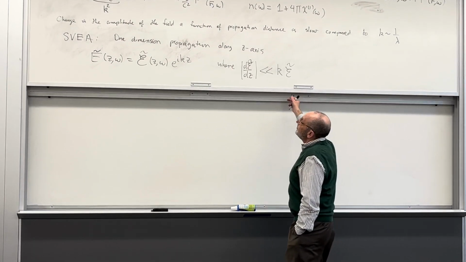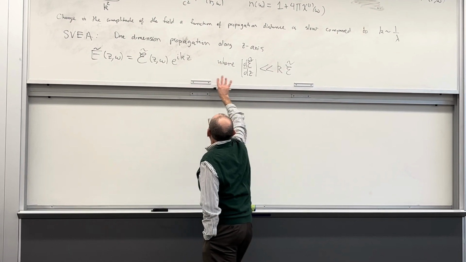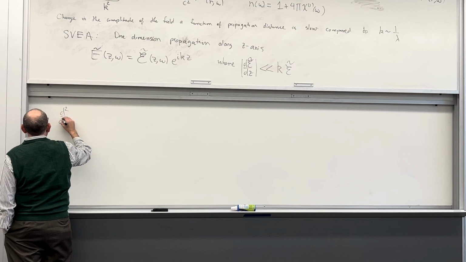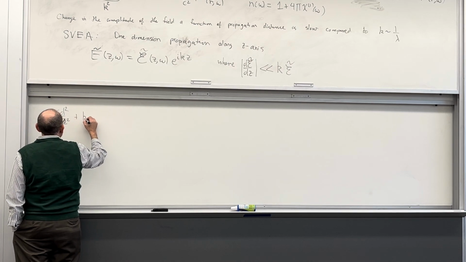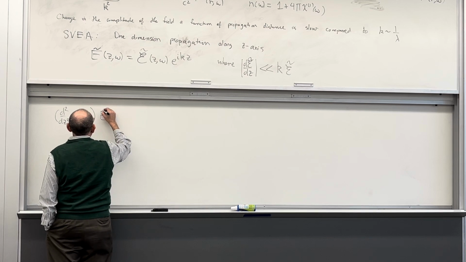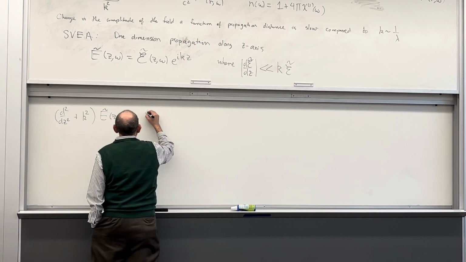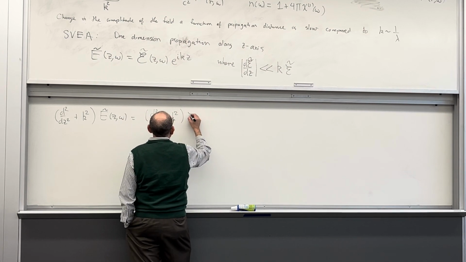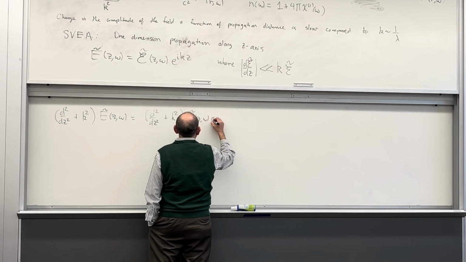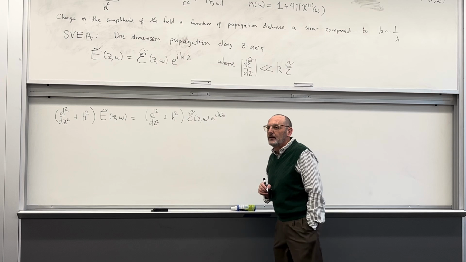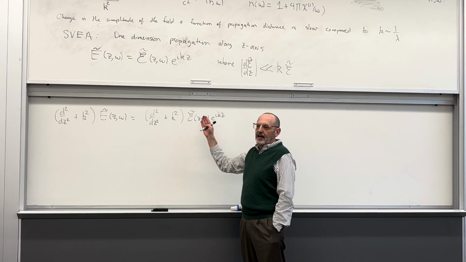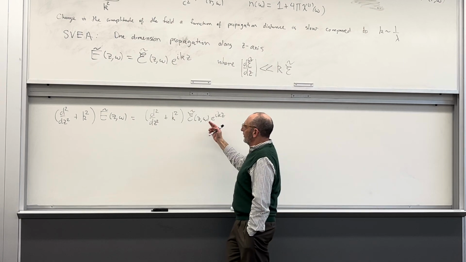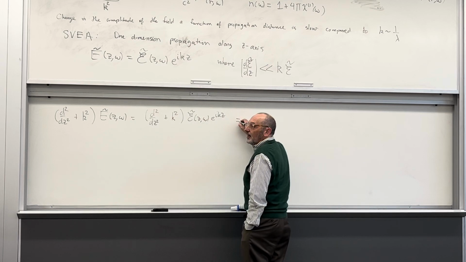So if I make that ansatz, and I have this approximation, I can plug it in to the wave equation. So this, I just said it's 1D. I've made this ansatz. Now I'm going to use this approximation. When I take the second derivative of this term, well, let's just write it all out.